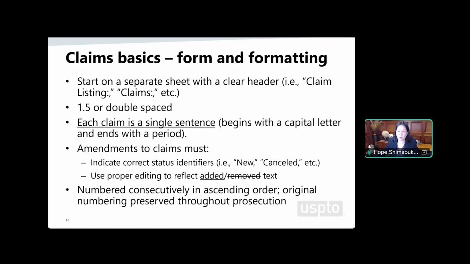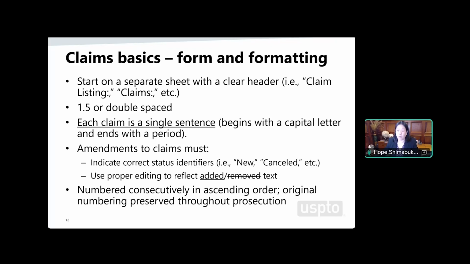So for example, if you originally filed claims 1, 2, and 3 and decide to rewrite all claims 1, 2, and 3 completely, you can amend the claims 1, 2, and 3 instead of completely rewriting them, or you can cancel claims 1, 2, and 3 and add claims 4, 5, and 6.